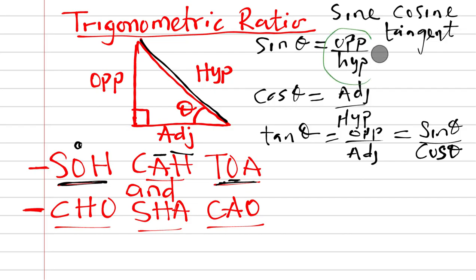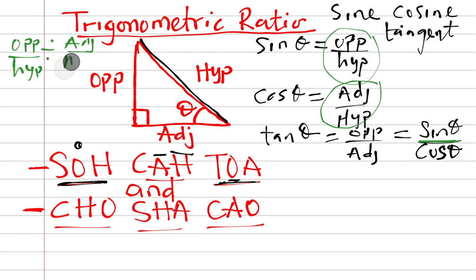This is sine theta, so that's opposite over hypotenuse. Then this division sign, divide. What is cos? Cos is adjacent over hypotenuse. So this is adjacent over hypotenuse.